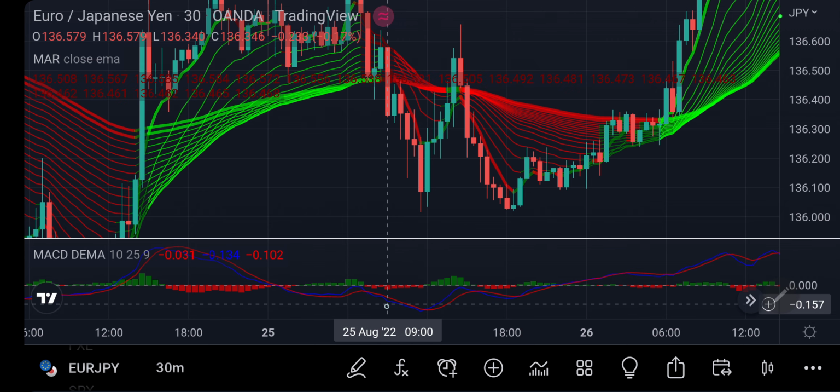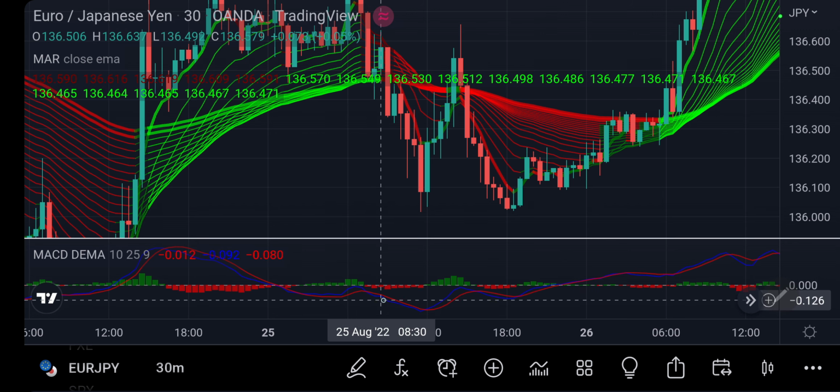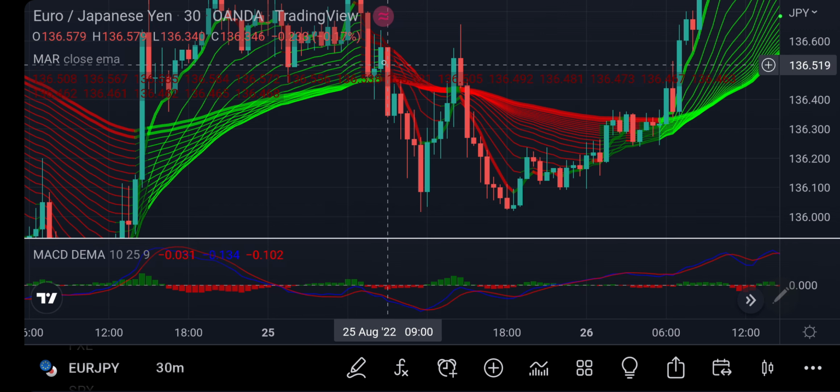These are the criteria: one, the red ribbon; the second, the red bars down here; and the third, the blue line has already crossed in this candle, okay. So take the sell position.